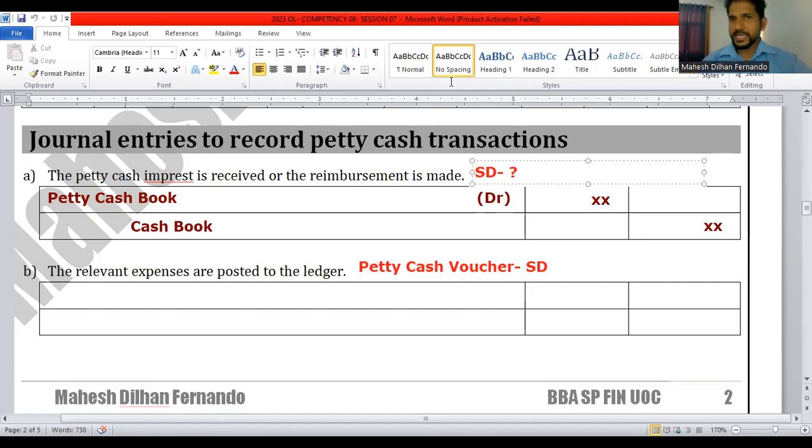I told you in the petty cash book we have only one receipt. The petty cash voucher is used for payments, so there is no source document to record the receipt of the petty cash in the petty cash book. But you can use another one.